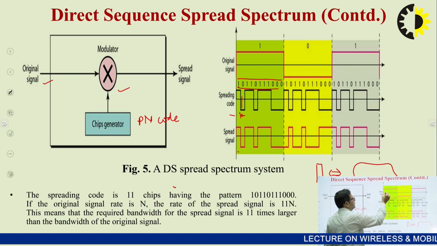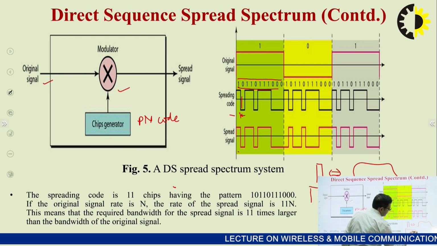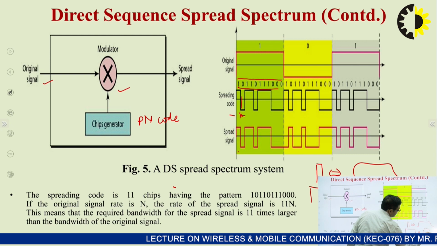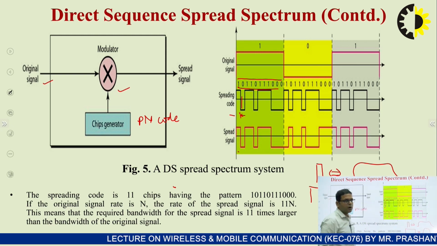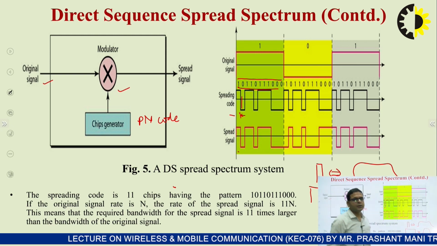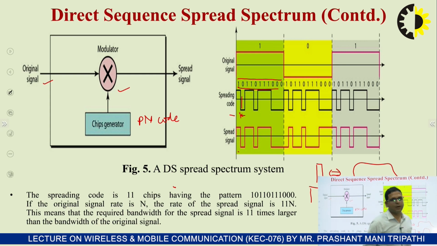Here, the duration of a single bit is large, so if we find its spectrum, it will be narrow, because there is an inverse relationship between time and frequency.